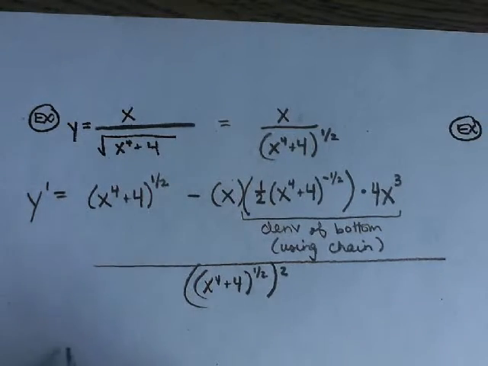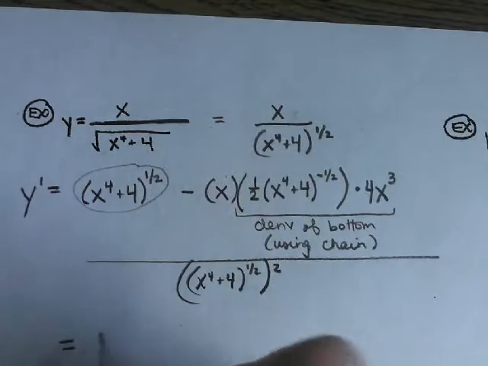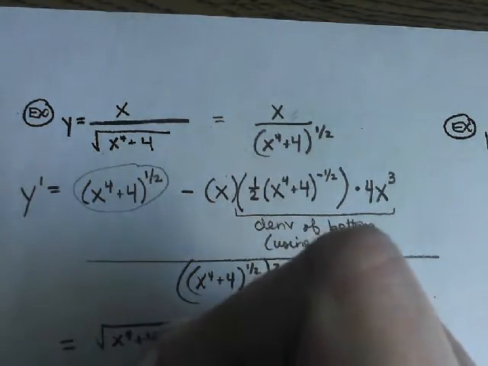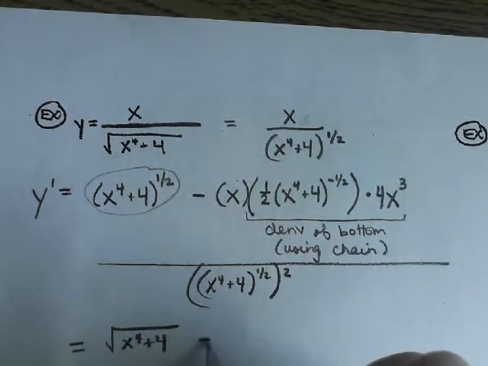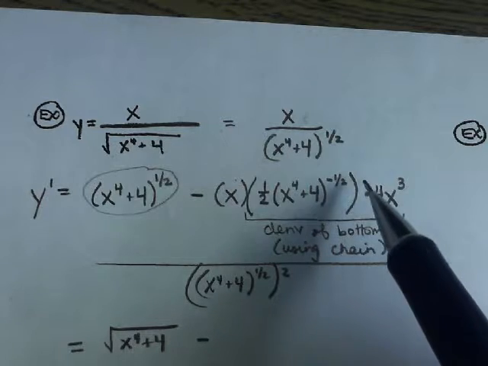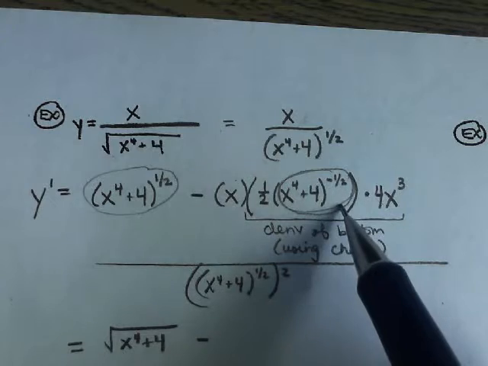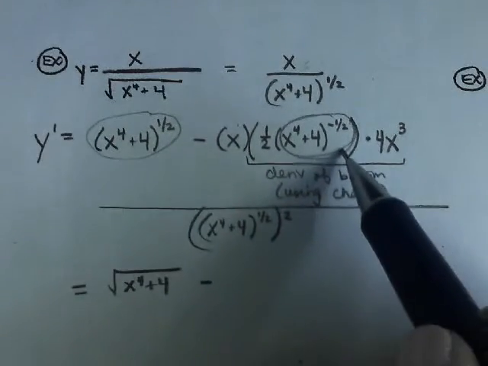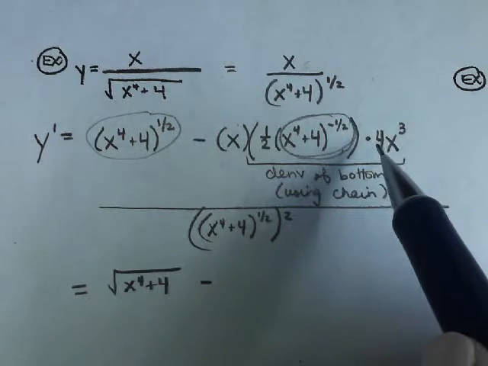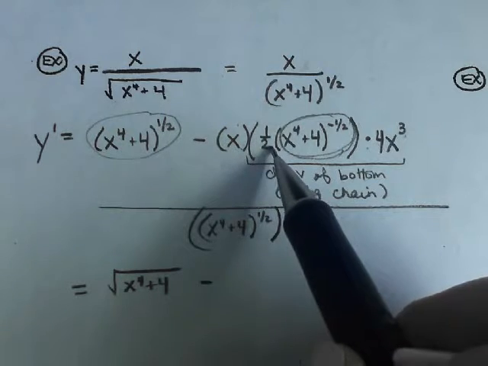So I'm going to put this back to a radical. I'm going to move this to the denominator, the denominator within the numerator, obviously. This 4x cubed times x times a half can all become 2x to the 4th.